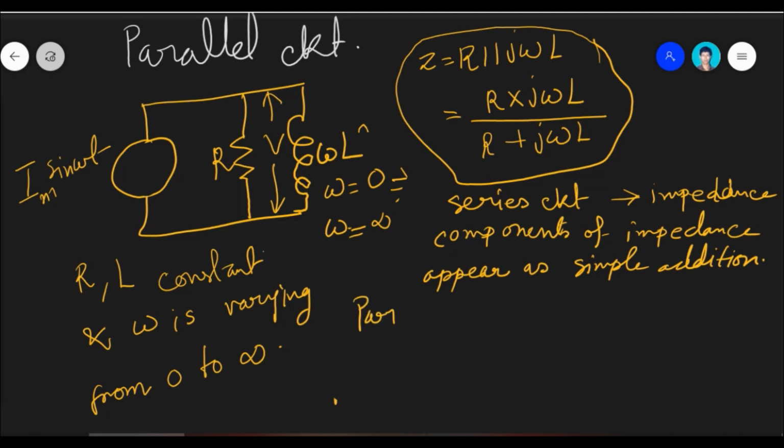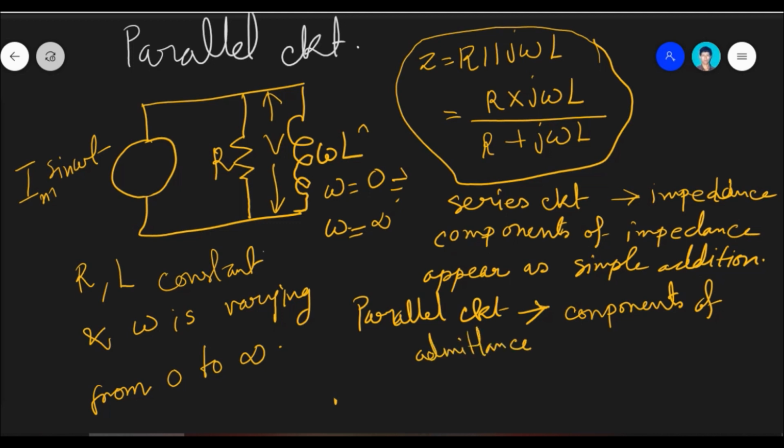For a parallel circuit, the components of admittance, what are they? I just told you. Those are conductance and susceptance. They are just reciprocals of the corresponding terms.